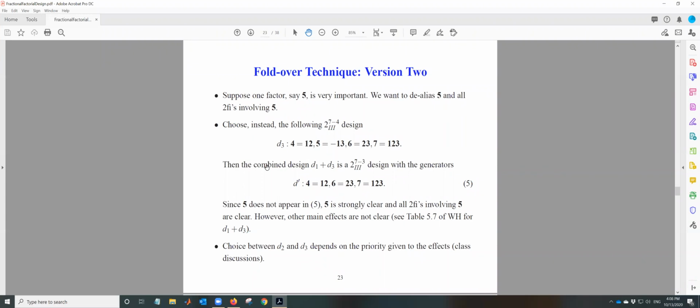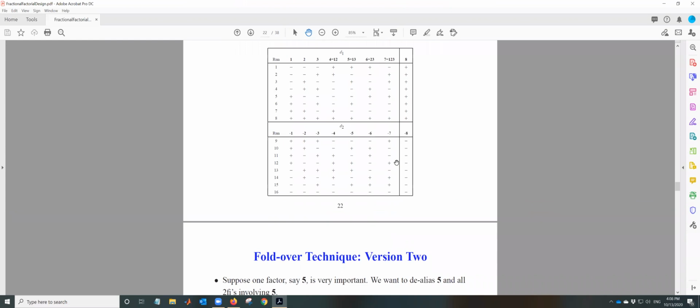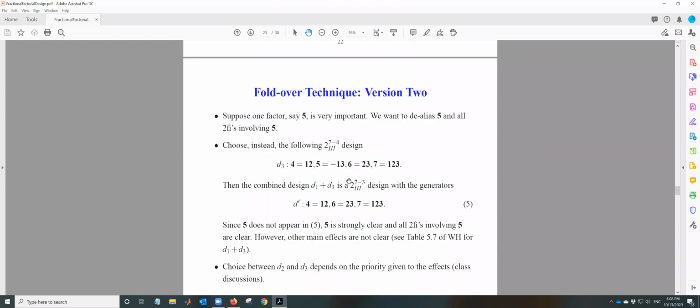Then the combined D1 plus D3 will be 2 power 7 minus 3 and still a resolution 3 design. But you see here, this one is resolution 4, because here you actually make sure 5 is de-aliased and all the 2 factor interactions involving 5 are de-aliased. So this is a different way to do it.